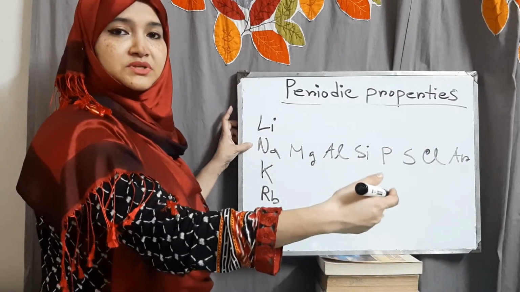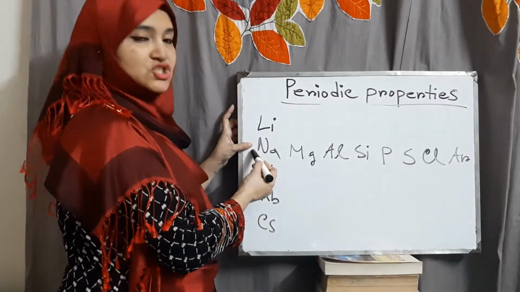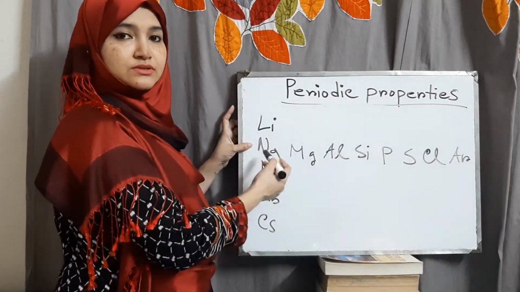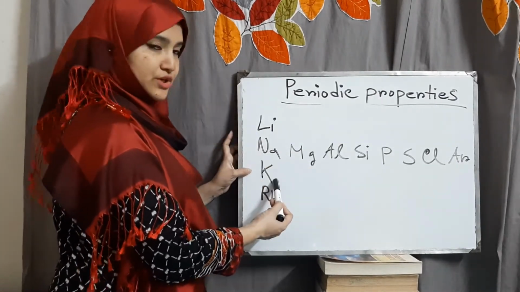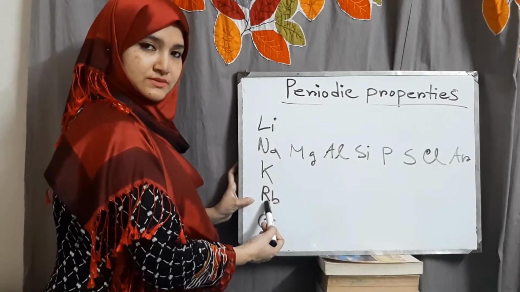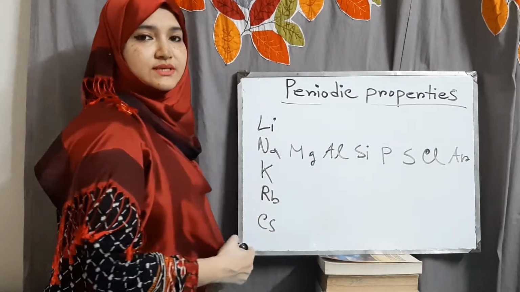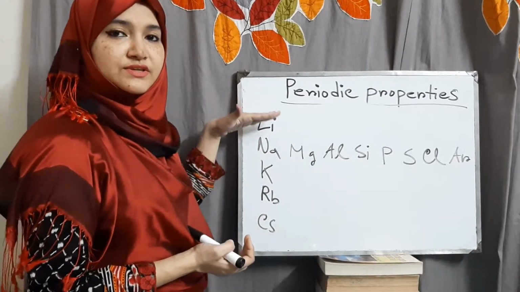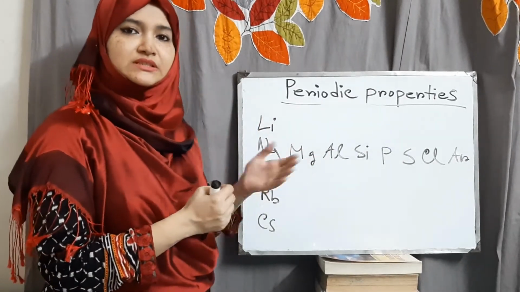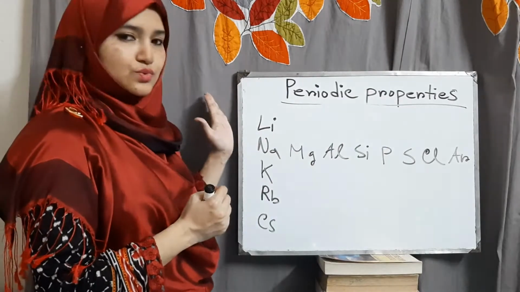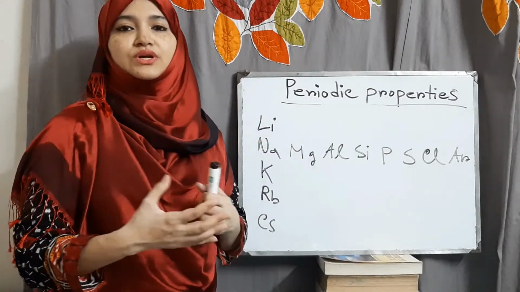Sodium is in period 3. That's why the total number of shells in a sodium atom is 3. In potassium 4, rubidium 5, cesium 6. That means in every successive period a new shell is added to the atom, and that's why the size also increases.